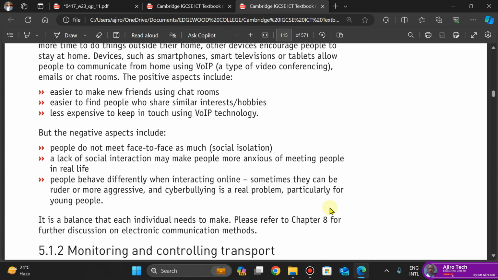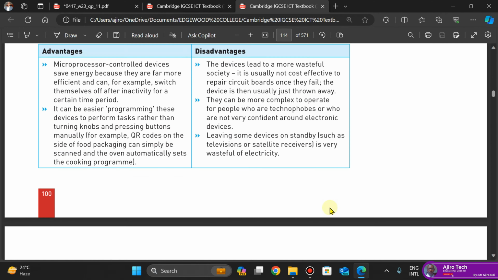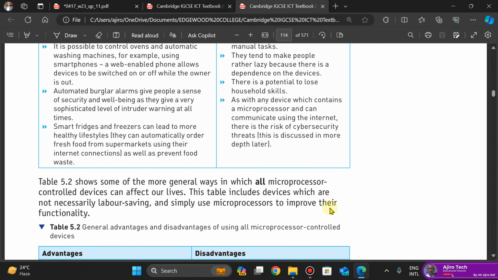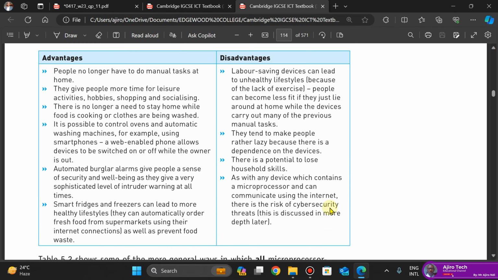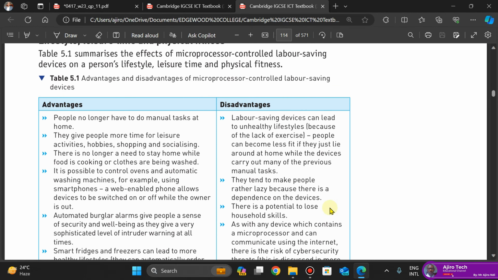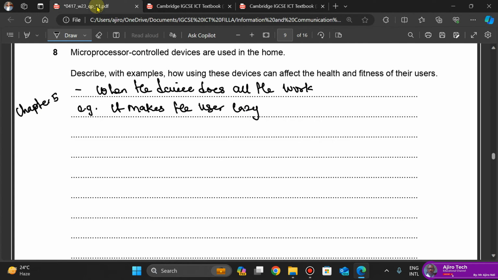If you scroll up here, you're going to see the general section. Look at it. Computer control labor saving devices. People can no longer do manual tasks, right? Therefore, it's part to control even automatic machines. For example, your smartphone. They tend to make people what? Lazy. Okay, so that's the first point.